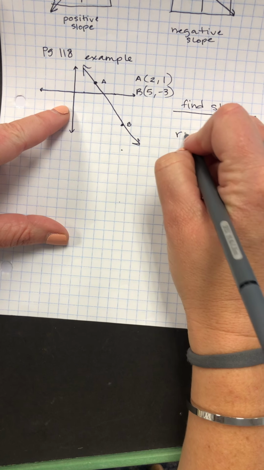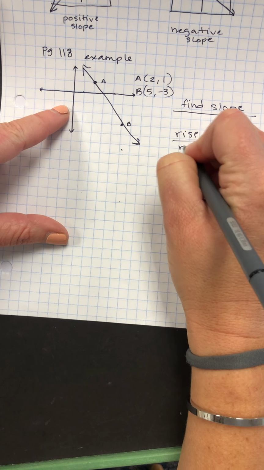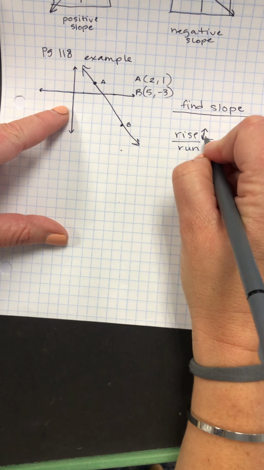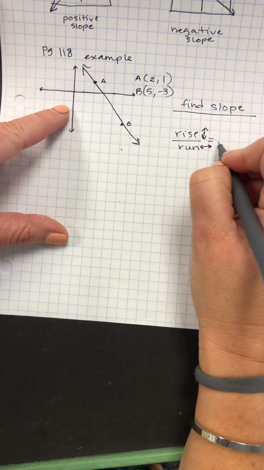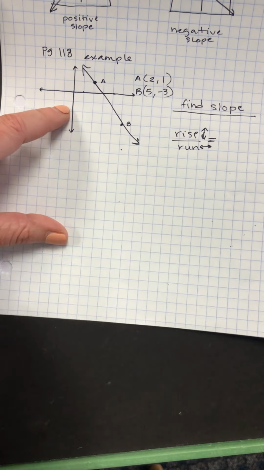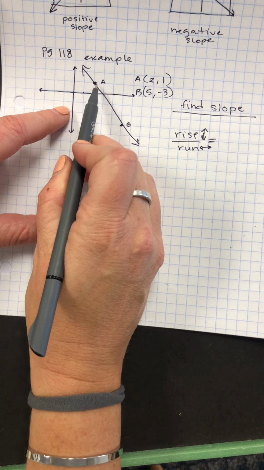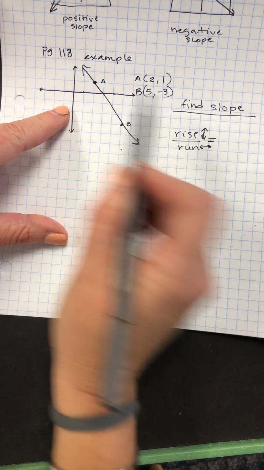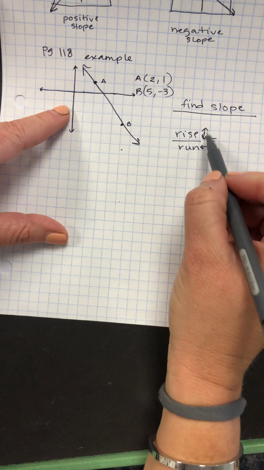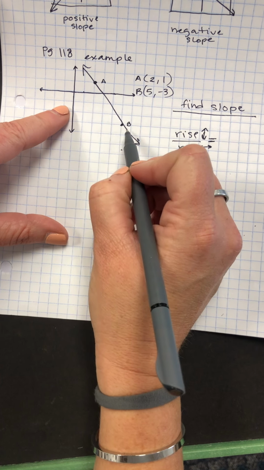So remember, we have the rise over the run. The rise is the up and down change, and the run is the side to side. So if I start on the left point, whichever one comes first, that would be A in this example, and I'm checking the rise, the up or down movement, I go down to get to B.